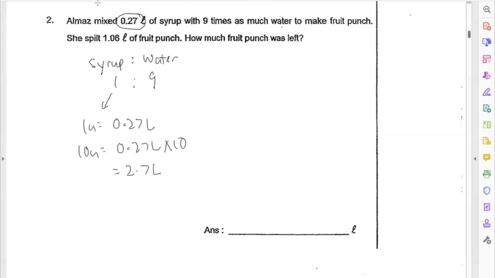So this is the amount of fruit punch that Almas made. She spilled 1.06 liters of fruit punch. So she is left with 2.7 minus 1.06 liters, which is 1.64 liters. So the answer is 1.64.